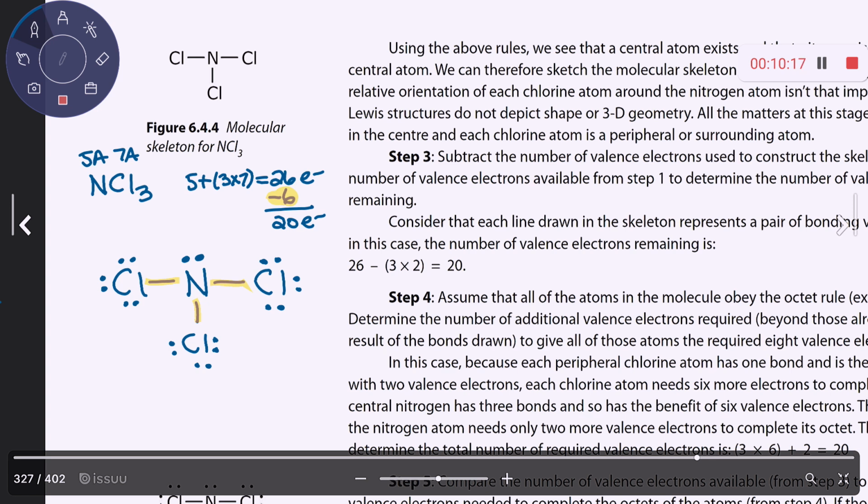Now, in terms of lone pairs and bonding pairs, I have 3 bonding pairs because I have 3 bonds. And then for lone pairs, I have 1, 2, 3, 4, 5, 6, 7, 8, 9, 10. We good? Okay, cool. Then let's go over some of the guidelines, and then we'll go over some of the exceptions.